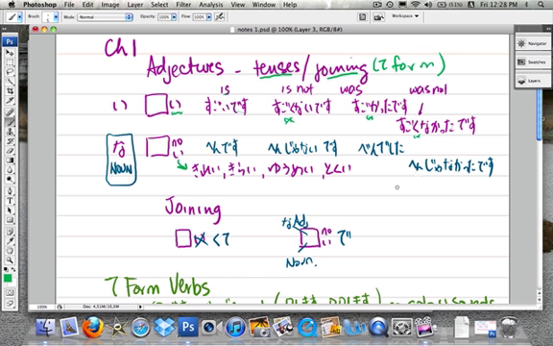Na adjectives require the use of the little particle na only when you put the adjective right next to the word it is modifying. If you don't have it right next to the word, you don't need the na. So it's hen na hon desu, or it's hon wa hen desu.